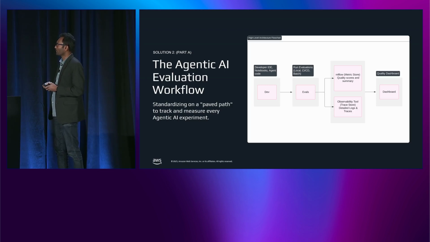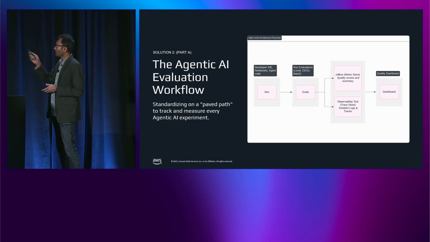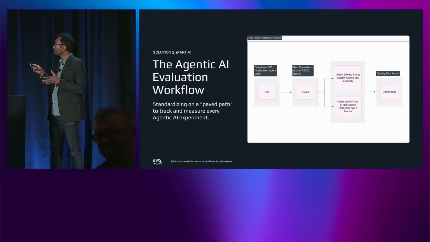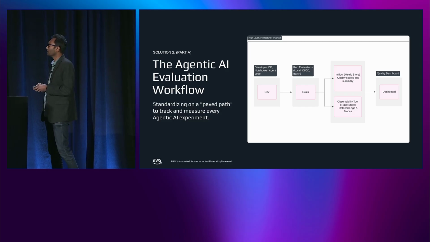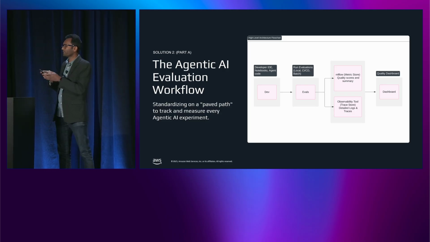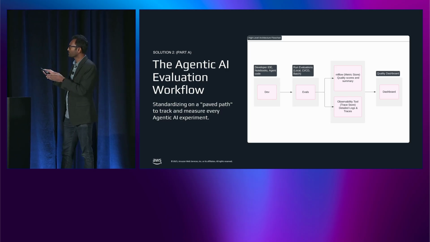That is what is depicted here in the short architecture diagram. A developer writes agent code in their IDEs and notebooks, and once they are ready, they test it with the evals in their local setup on the IDE, or they can run it in the CI/CD pipelines, or they can do a large-scale evaluation in batch pipelines.